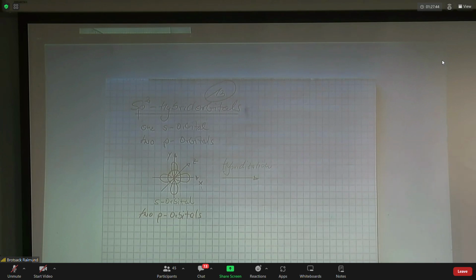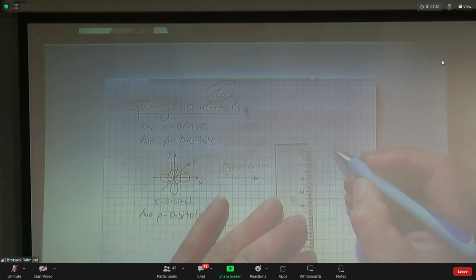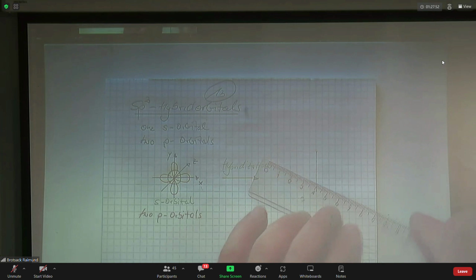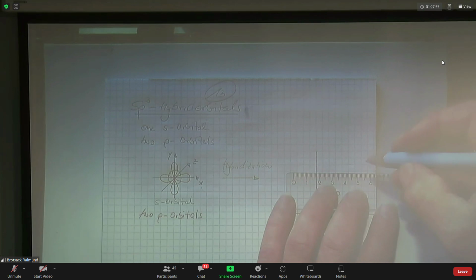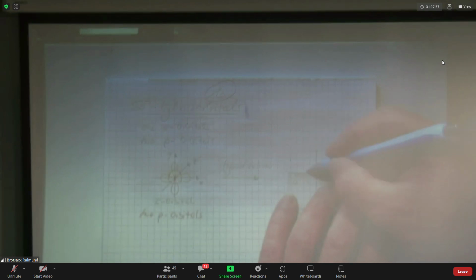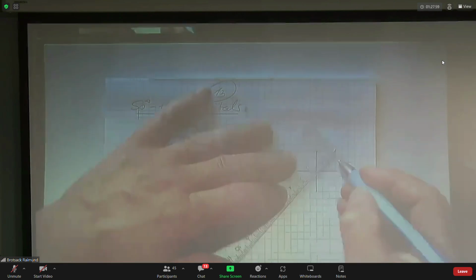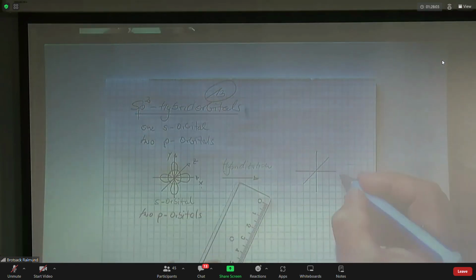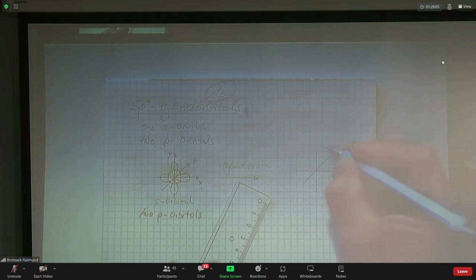Now, again, our coordinate system: x direction, y direction, z direction.